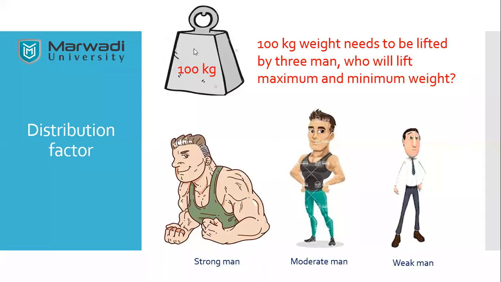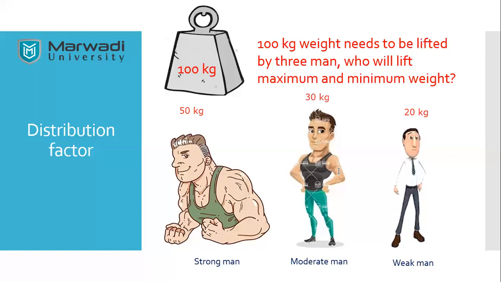Suppose he is lifting 50 kg, the next might lift 30 kg, and the weakest will lift only 20 kg, isn't it? So this is how the distribution will happen.